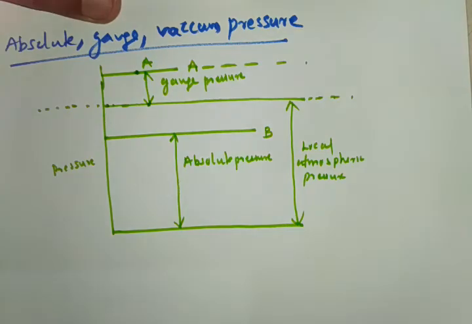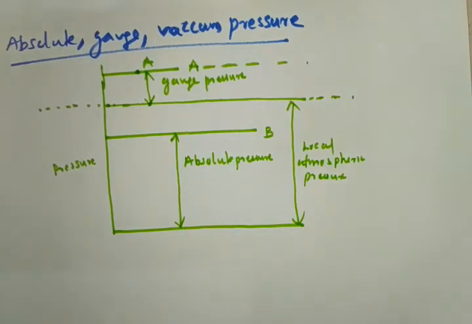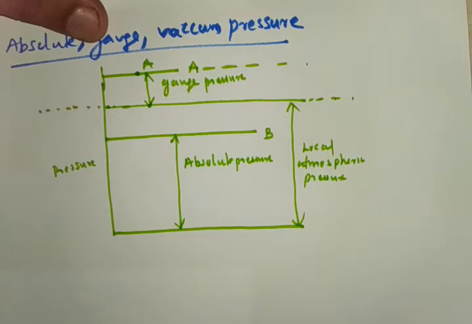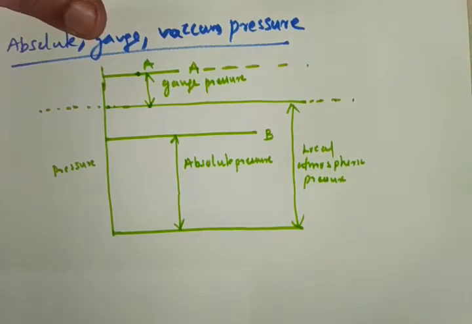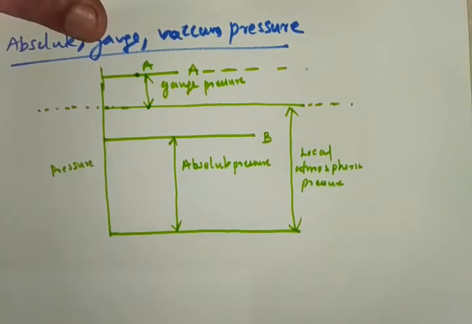So what is the importance of this? Generally we measure the pressure on the earth's surface. In every object, the atmospheric air pressure is being applied. So it is important to measure the difference in pressure, because only due to that difference something changes.